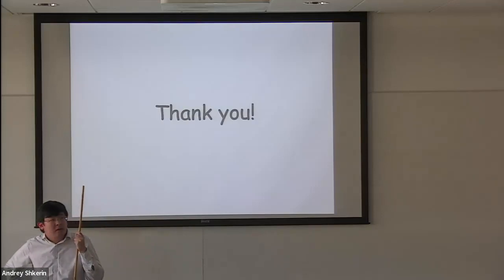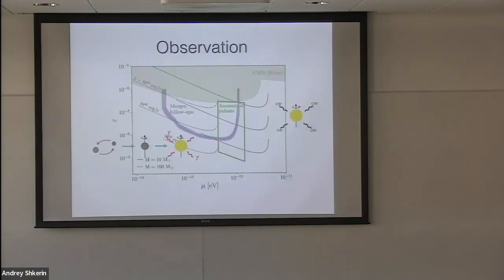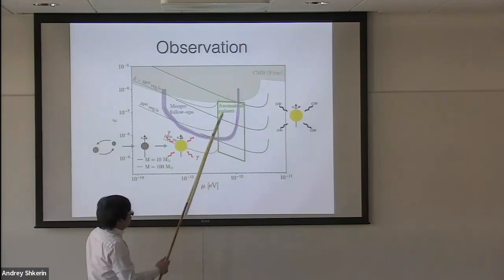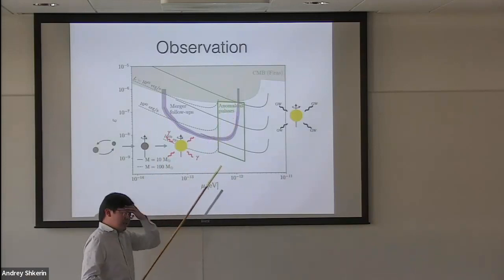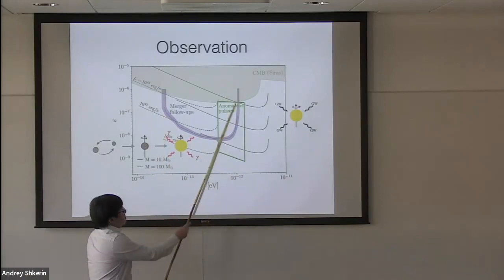So basically, you're saying that if you don't see anything in that region, you can't enlarge the parameter space to see this effect? If you are not seeing any X-ray, gamma ray, or radio from, let's say, the next 20 black holes that we see, then we exclude this parameter space.